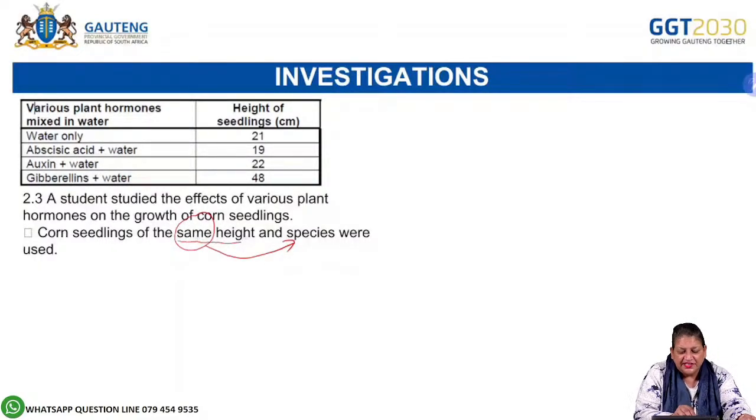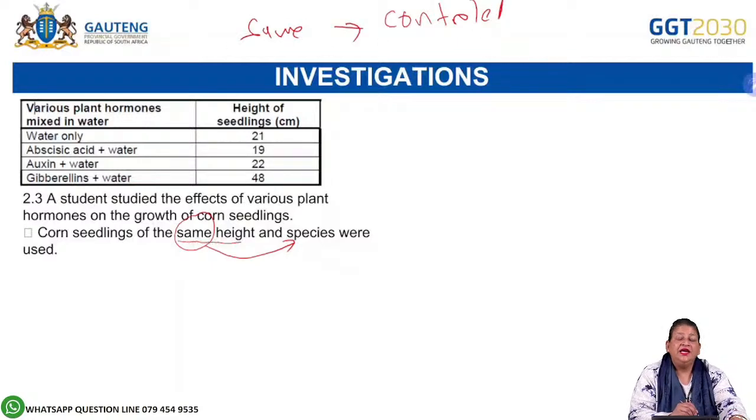Corn seedlings of the same height and the same species were used. Now when something is same, it becomes your controlled variable. What does it become? It becomes your controlled variables. Whenever factors are kept the same, it is controlled variables, okay?